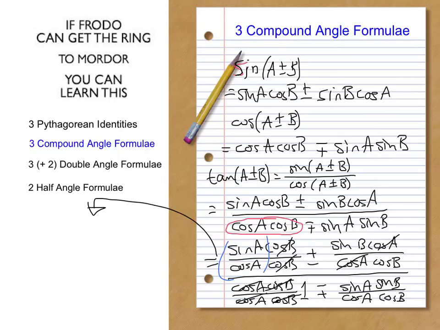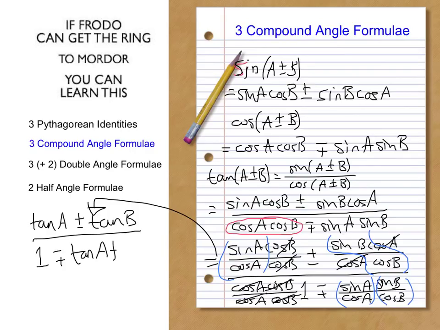Sine a over cos a, that's tan a, and then plus minus, and then here I've got sine b over cos b, so that's tan b, and on the bottom I've got my 1 that I knew about, and then my minus plus, and then I've got sine a over cos a times sine b over cos b, so that's tan a tan b.